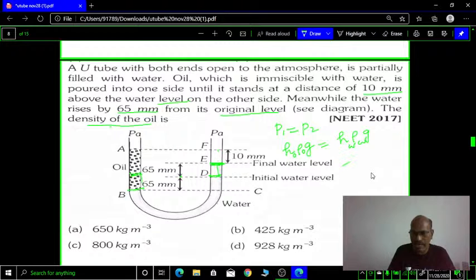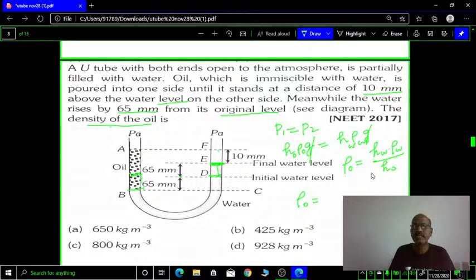We need to find the density of oil, so keep only that on this side and take the remaining to the other side. g cancels. So the density of oil equals the height of the water times the density of water divided by the height of the oil.